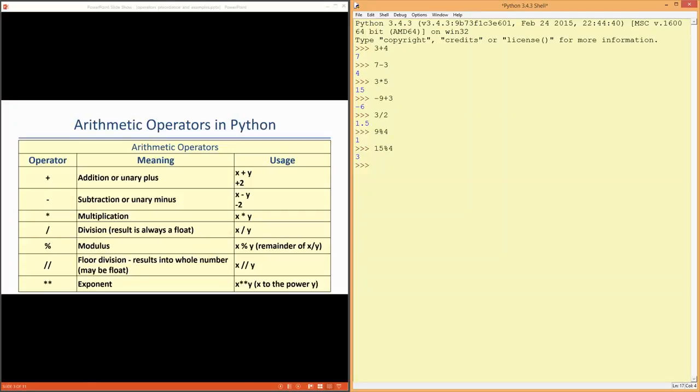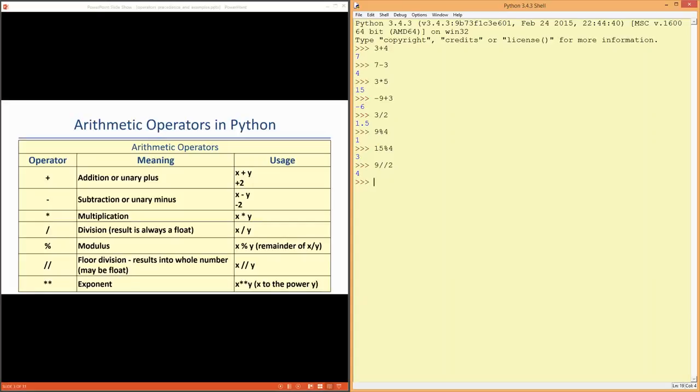For example, if I say 9 floor divided by 2, the answer is 4, rather than 4.5. As you can see, it divides 9 by 2. The answer is 4.5, and it takes the whole part of it, which means the 0.5 is not included, so the answer is 4.